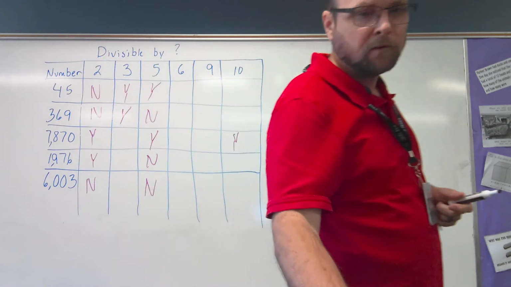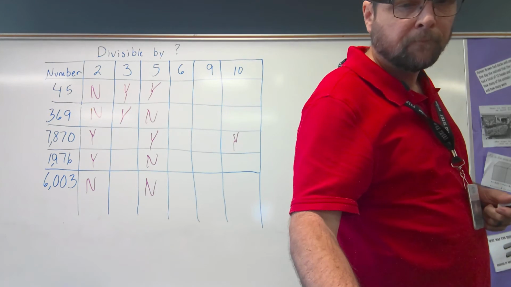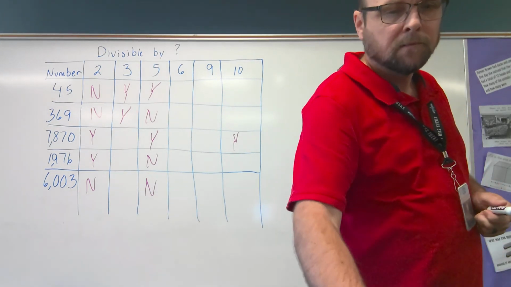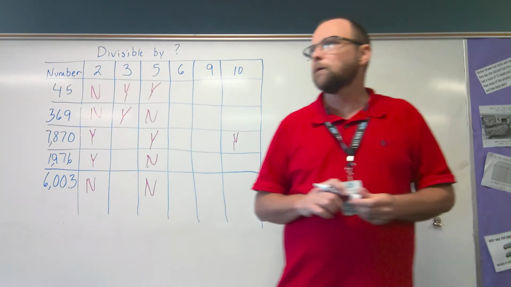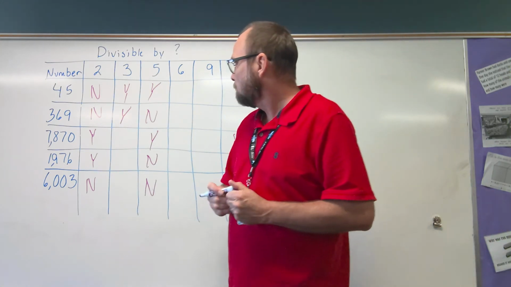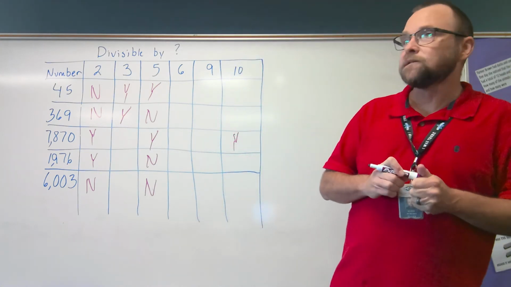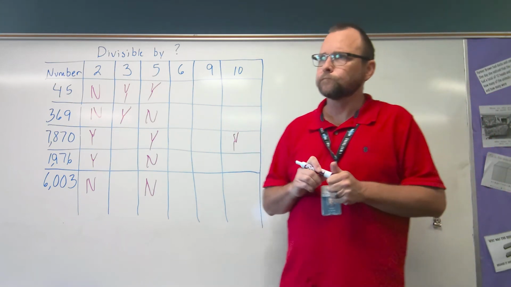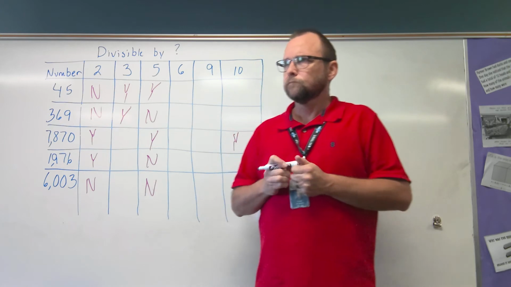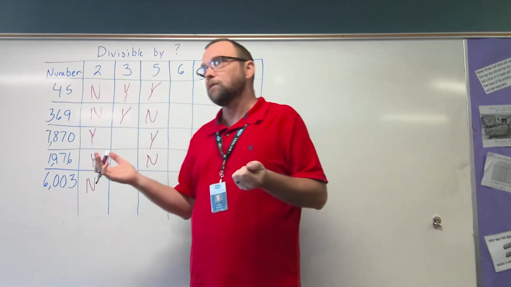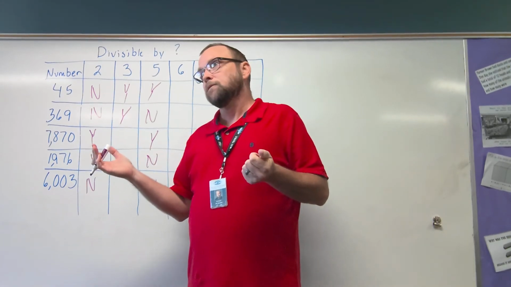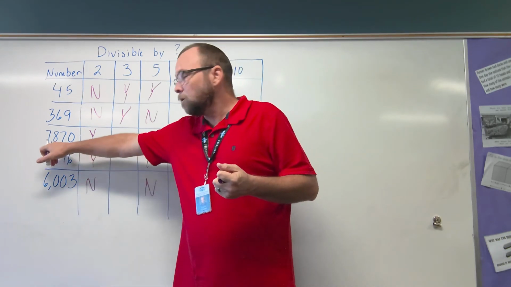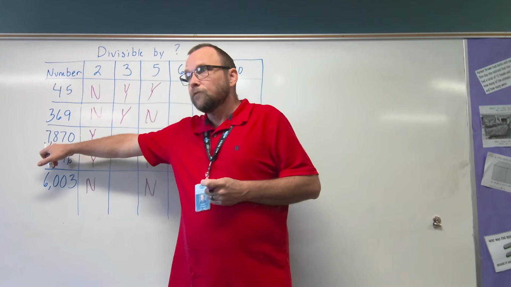These get more difficult. Liam, what is the sum of 7 plus 8 plus 7? So what's 7 plus 8, Liam? If I know 7 plus 7 is 14, plus one more is 15.